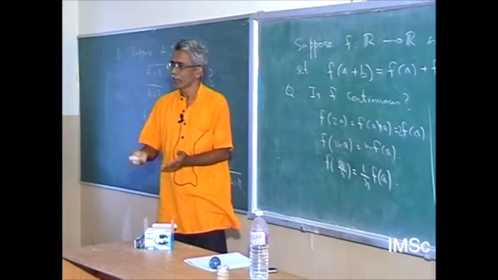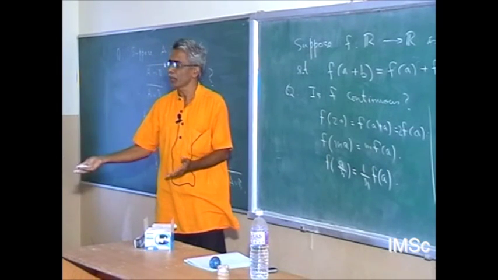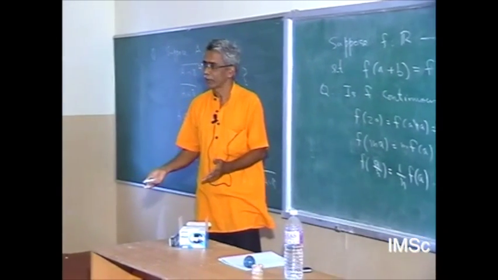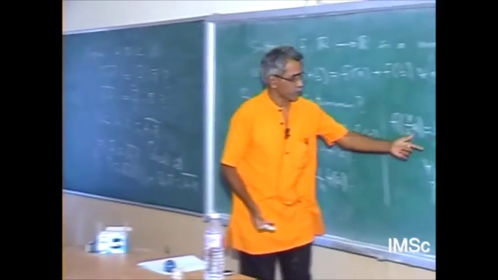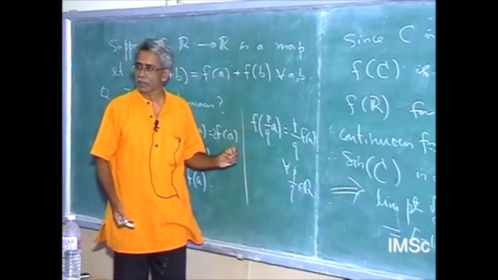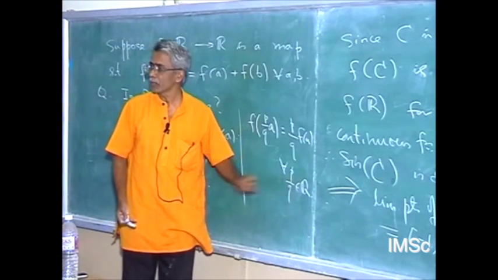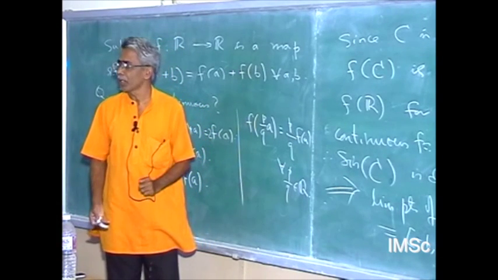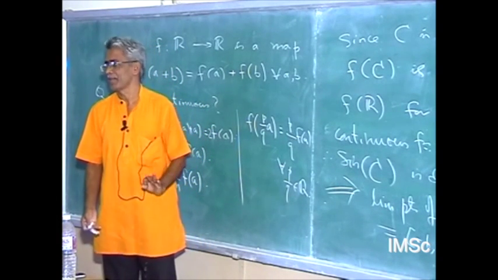It is given by f of x is equal to lambda times x, and it would be continuous. Now the question is, all I know is only this much. But beyond this, can I just say f of lambda times a is equal to lambda times f of a for all real numbers lambda? That I really definitely cannot say.